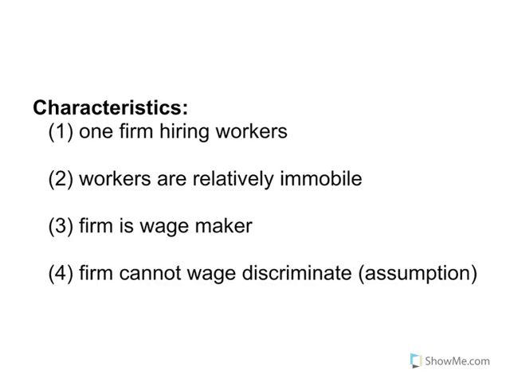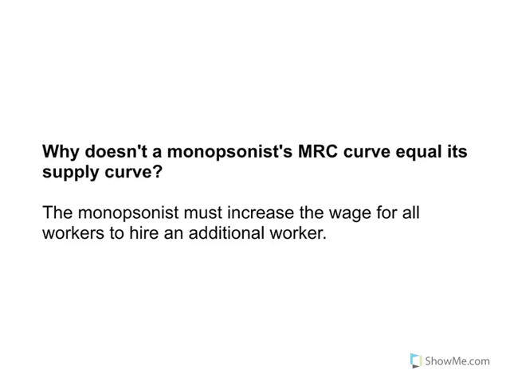Now, we're going to draw the graph in just a second, but when we draw the graph, you're going to see that the monopsonist's marginal resource cost curve doesn't equal its supply curve like it does in perfect competition. Why is that? Well, it's because the monopsonist can't wage discriminate. That's what we're assuming here. And because it can't wage discriminate, it has to increase the wage for all workers to hire the next worker, right?